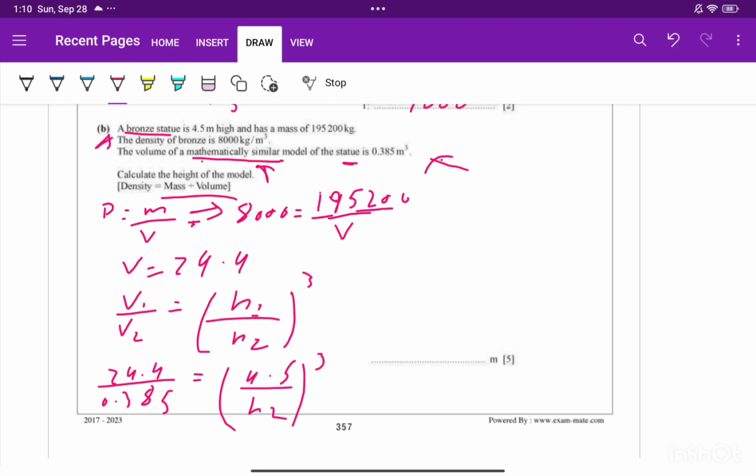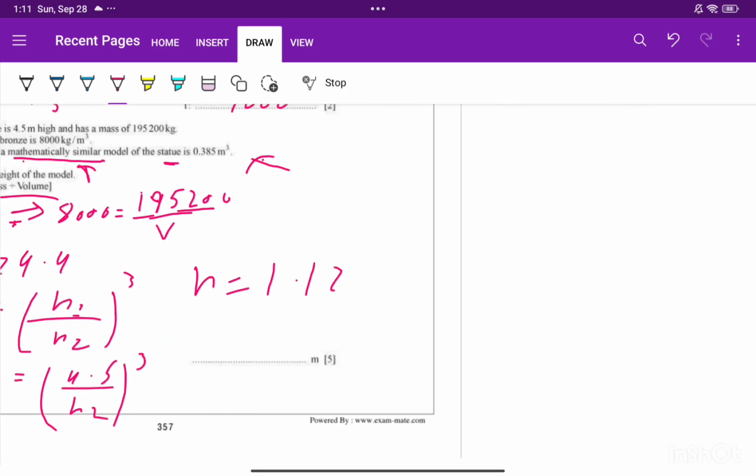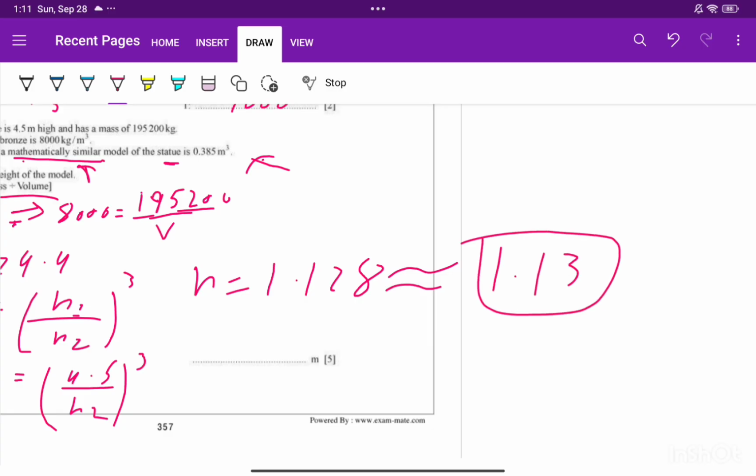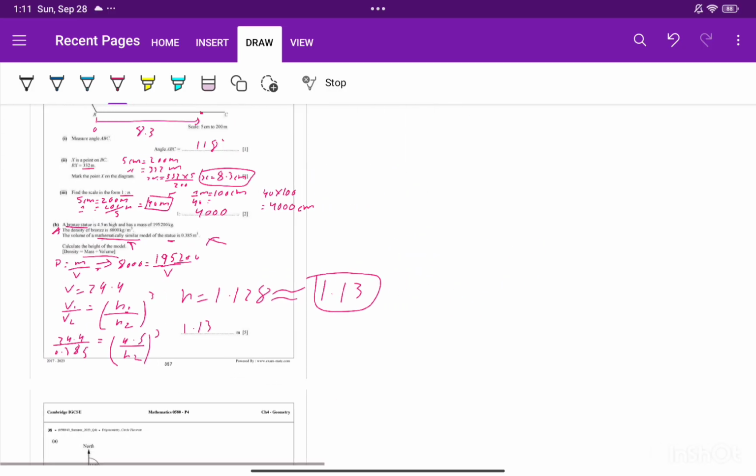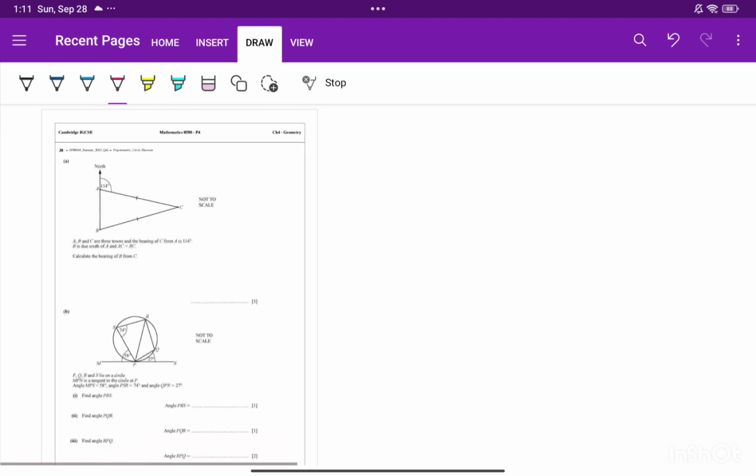So we simplify it, and let's do it directly in the calculator. First we will do the cube root and multiply, and we get 1.128, so this will be 1.13. Our answer is 1.13. Let's move to question number 38.